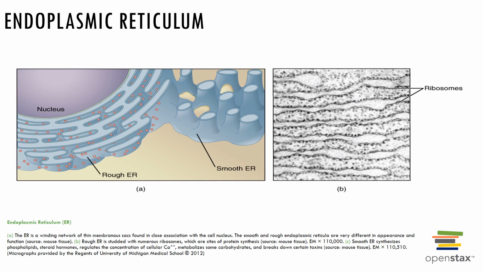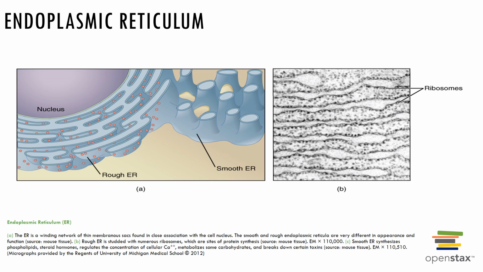Rough ER is denoted as rough because of the large numbers of ribosomes that are attached to the surface. Rough ER functions as what's known as a workshop, and it is the site where newly constructed proteins are chemically modified and packaged for export to the Golgi apparatus. So the rough ER manufactures all secreted proteins.